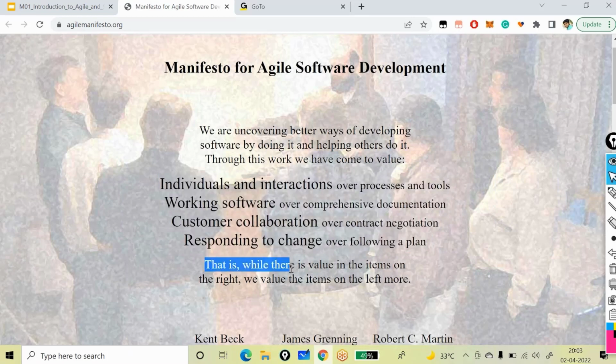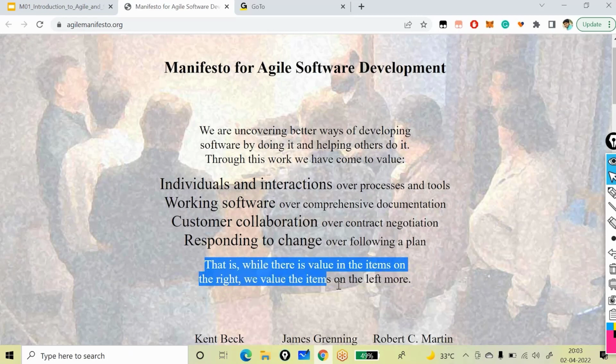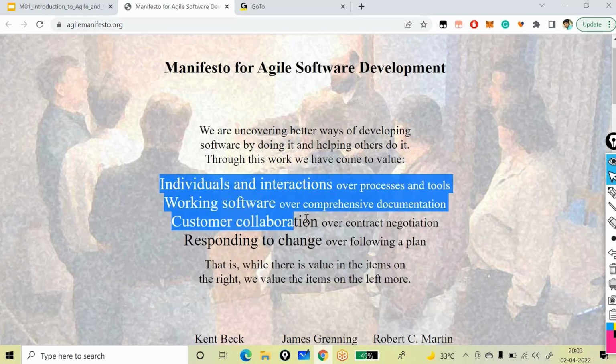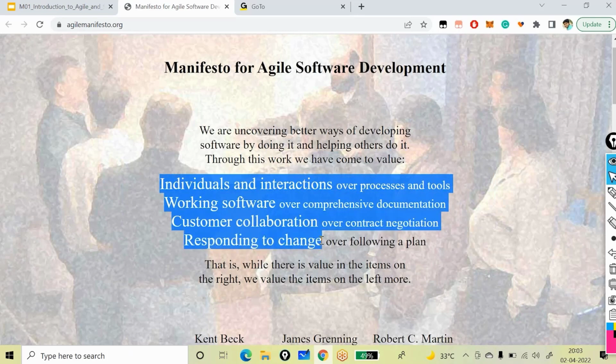See, it's mentioned that while there is value in the items on the right, we value the items on the left more. So the items on the left are given more importance: individual interactions, working software, customer collaboration, responding to change. These are given high preference when compared to the other things on the right-hand side.